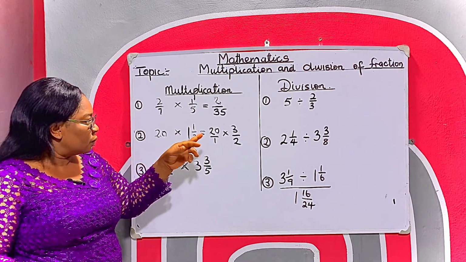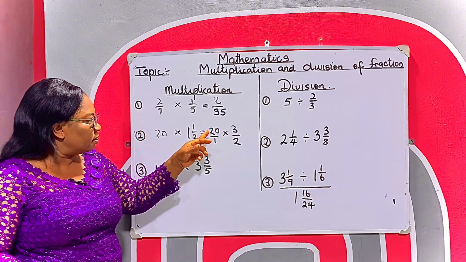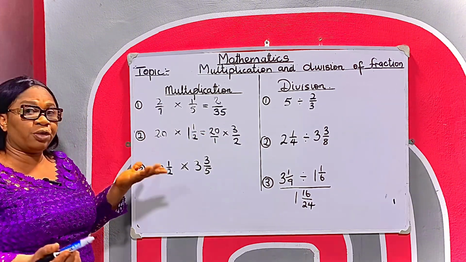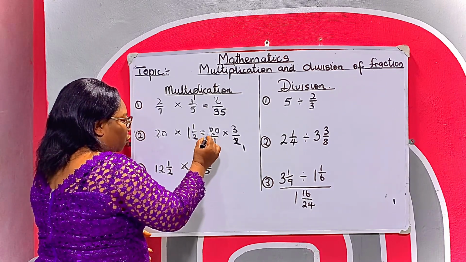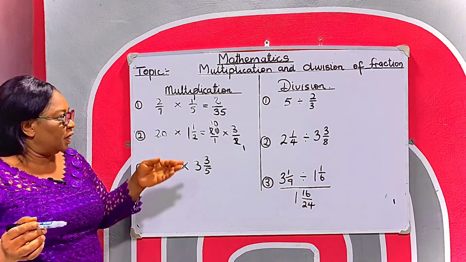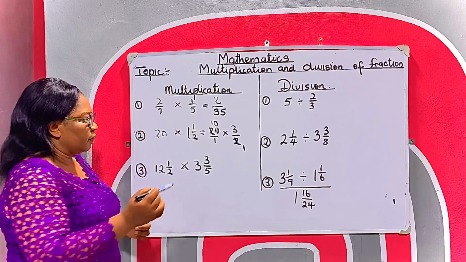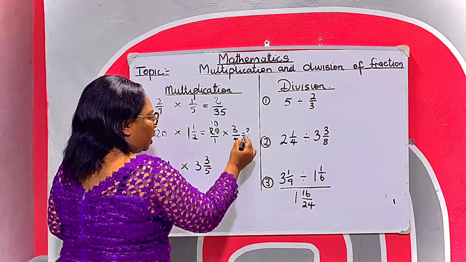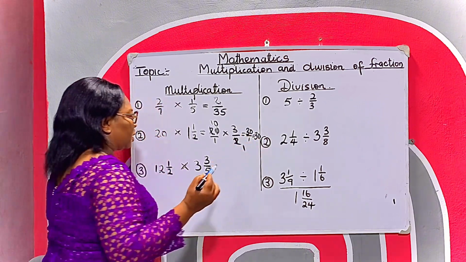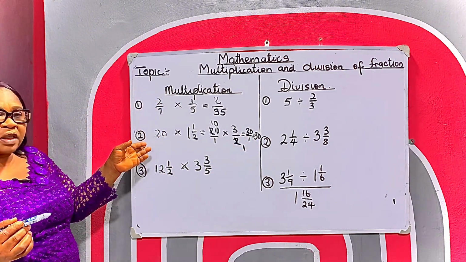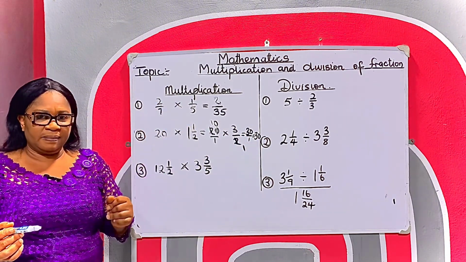Look at it now. 2 can divide 20. Good. So 2 divide itself 1, 2 divide 20 gives 10. So what do I have? 10 times 3 will give us 30 over 1. And any number over 1 is that number. So the answer for this second one is 30.